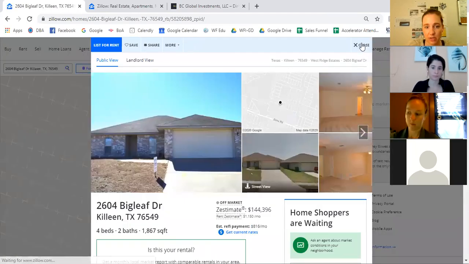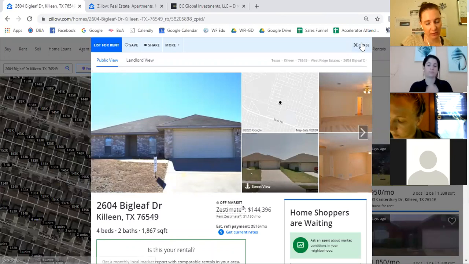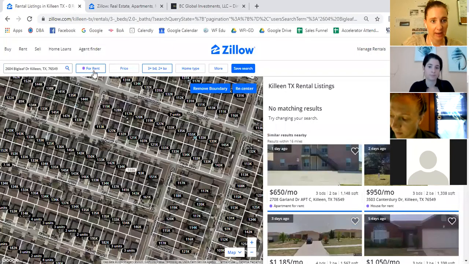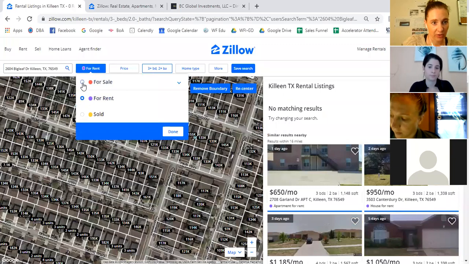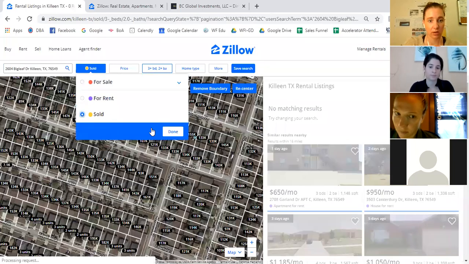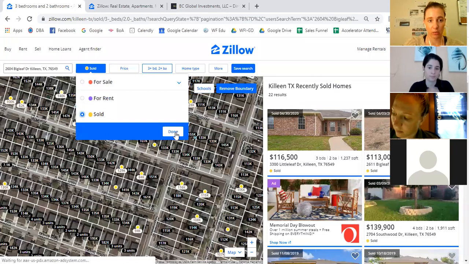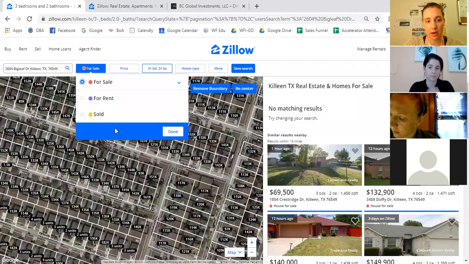Okay, so we've got our subject property, 2604 Big Leaf Drive, Killeen, Texas. We're going to start by looking at valuation. We're going to go to the sold. We want to look at what has sold, because for sale doesn't mean anything besides what the seller wants to sell their house for. That doesn't mean that's what it's actually going to sell for.